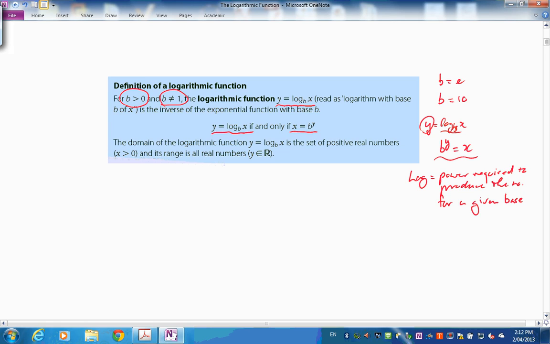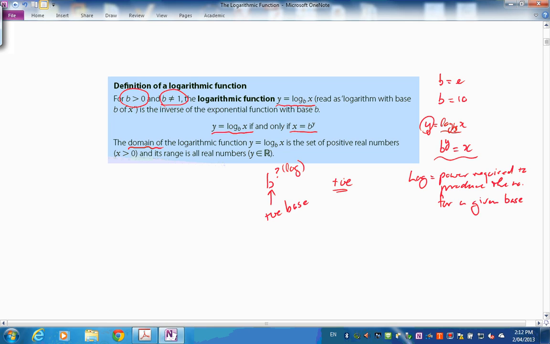Okay, so if you look at trying to give a domain to a logarithmic function, then you're trying to raise b to some power. And if b is a positive base, when you raise it to any power, which we call the log, you will always get a positive answer.